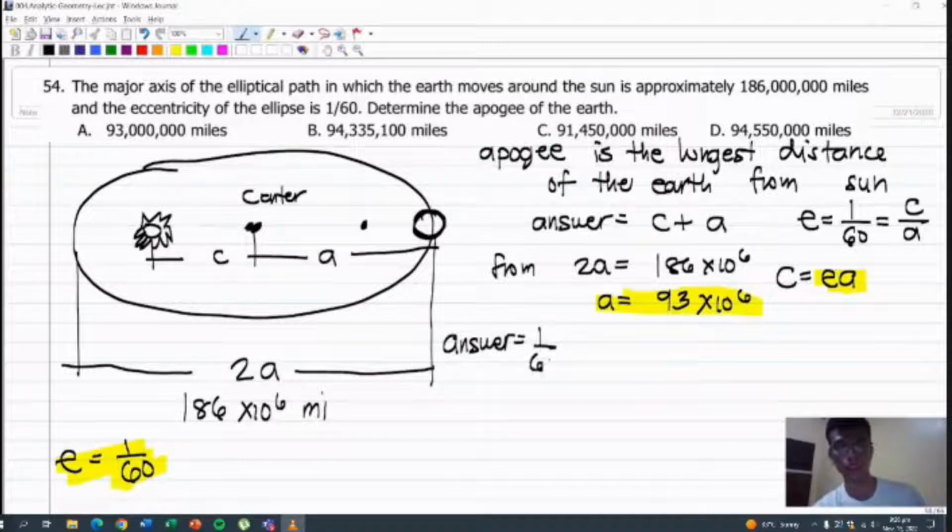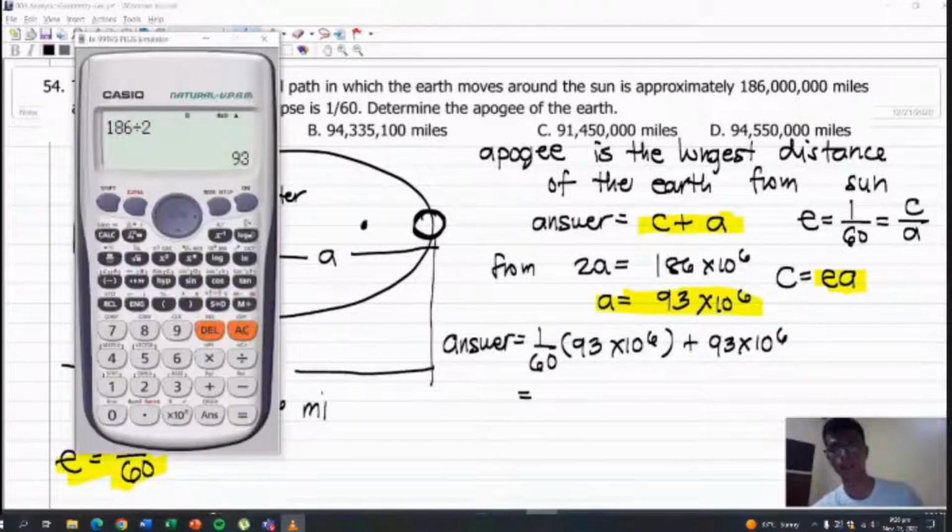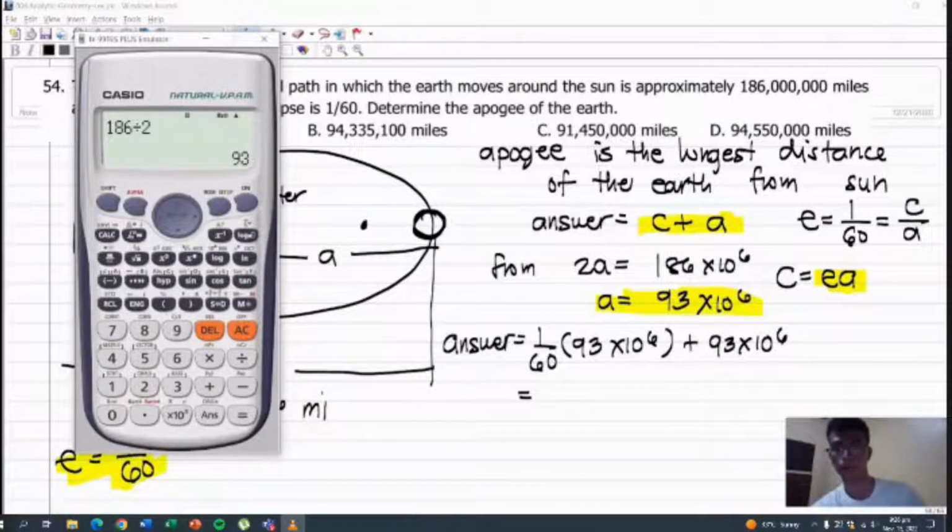And E tsaka yung A parehas na nakuha na natin yan. The value of E is 1 over 60. Multiply natin kay 93 times 10 raised to 6 plus, so dahil nga ang required answer natin is the summation, is the sum of C and A, i-plus pa natin yung 93 times 10 raised to 6. So this will be our final answer. 1 over 60 times 93 million plus 93 million.